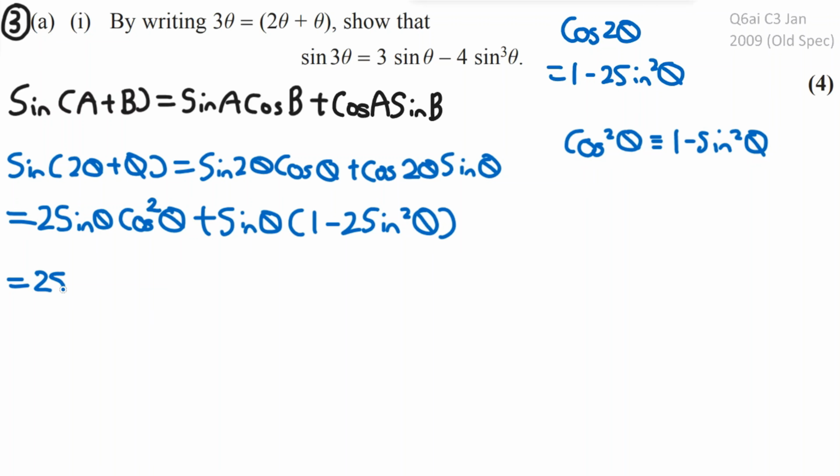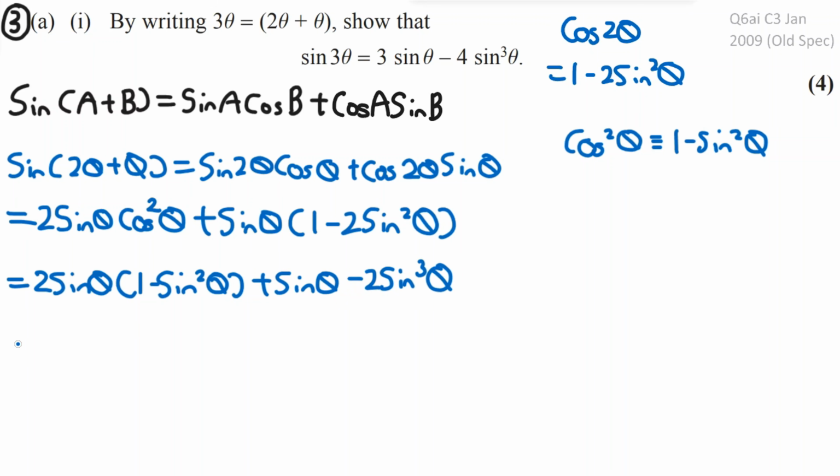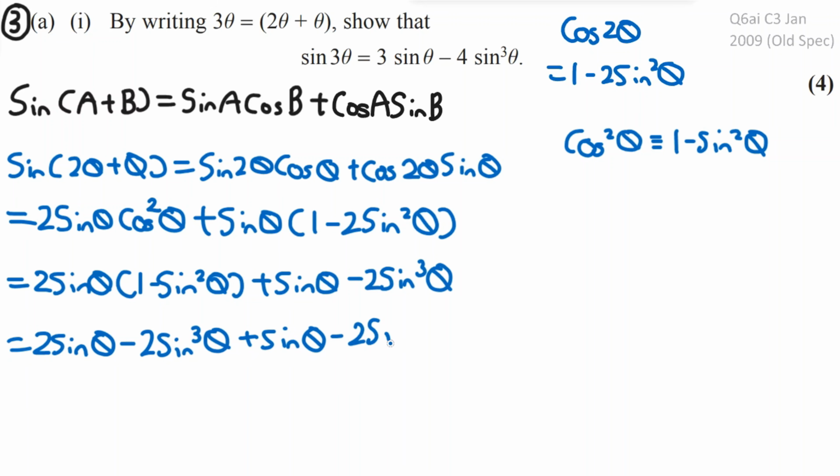So we can sub this in for cos squared theta, so this is going to become 2 sin theta multiplied by 1 minus sin squared theta, and then if we expand this, this is going to become plus sin theta minus 2 sin cubed theta. Then we can expand the first bracket, so this is going to become 2 sin theta minus 2 sin cubed theta plus sin theta minus 2 sin cubed theta.